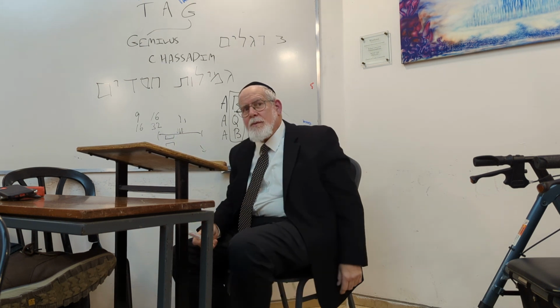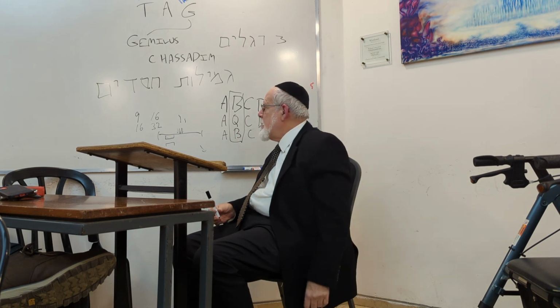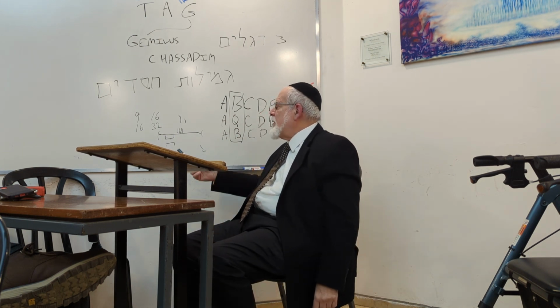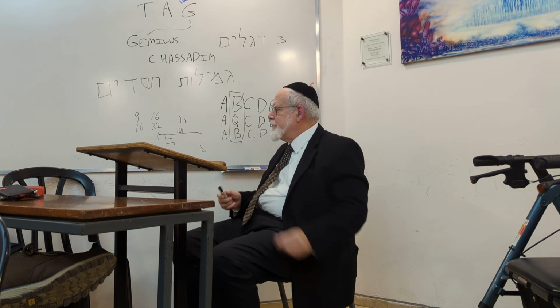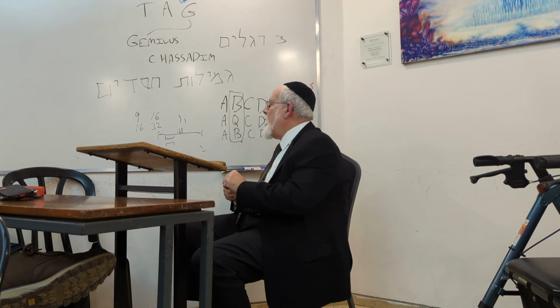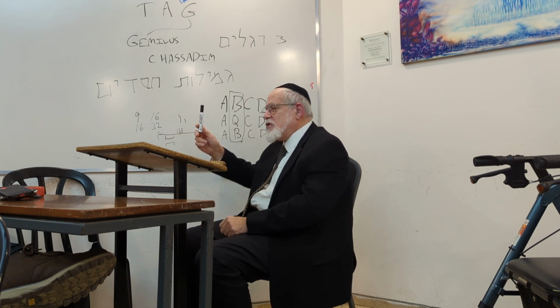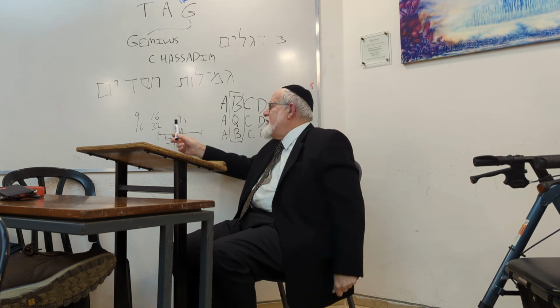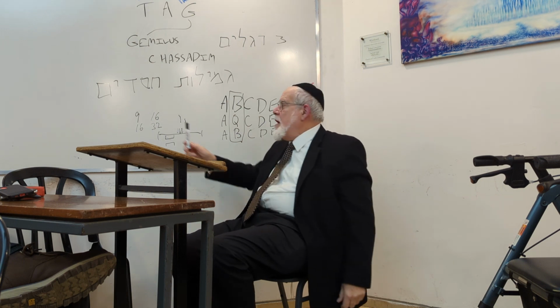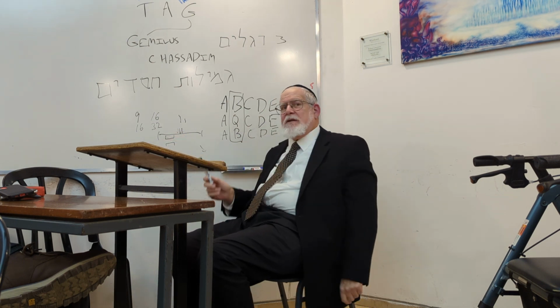What about number 8? It's just as close, no? 1 through 8 and 9 through 16. So 8 and 9 would both be just as close to the middle. Yes, that's right. But what the Talmud is asking is, is it in the first half or the second half? 9 and 16 are in different parts.